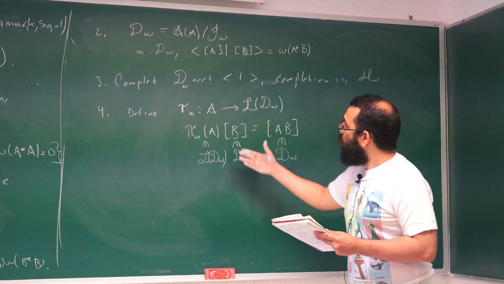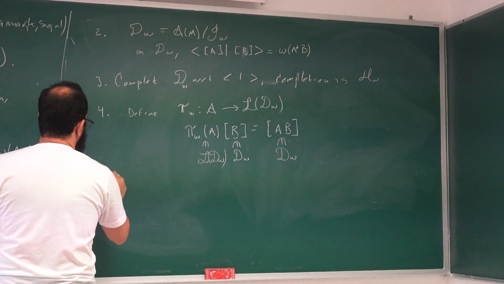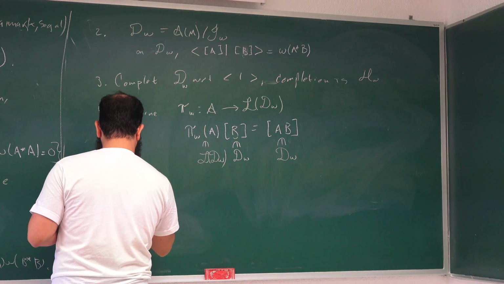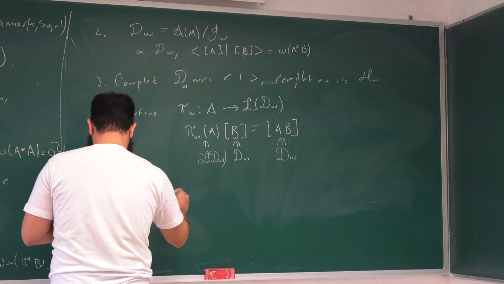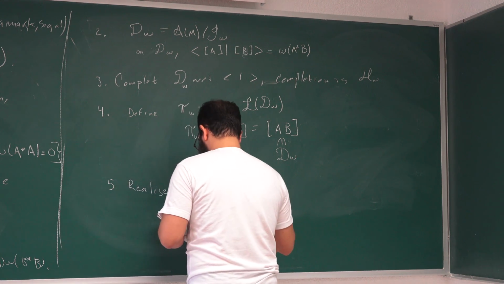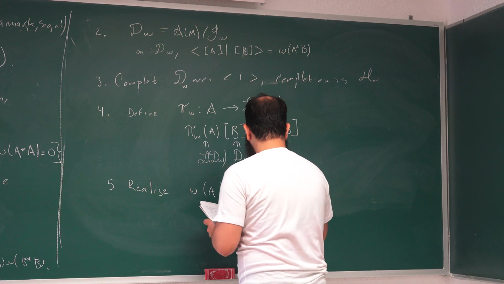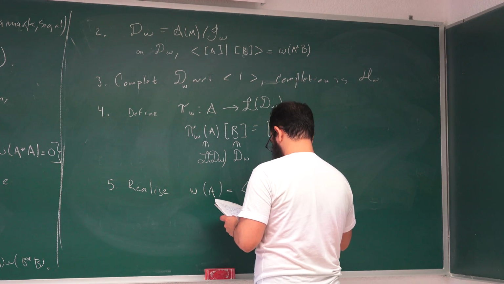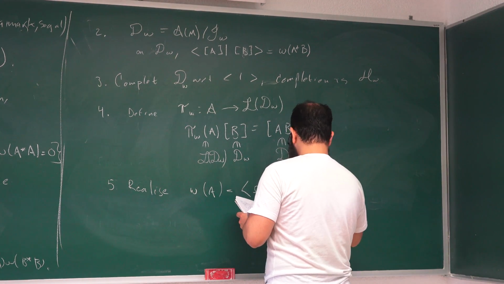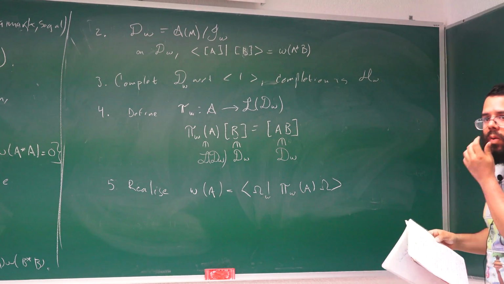This is how the algebra elements act as operators. And finally, realize the image of the state under some algebra element as some expectation value, right?